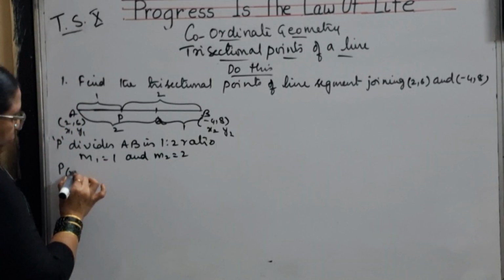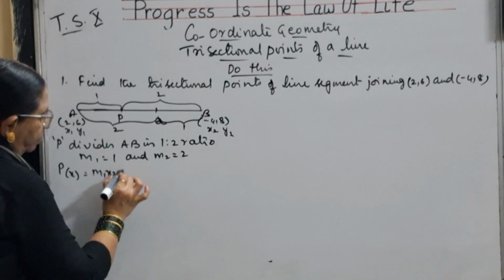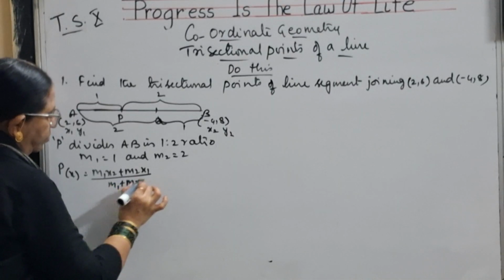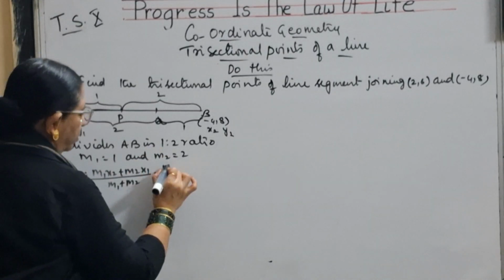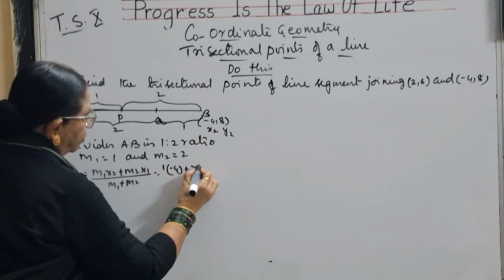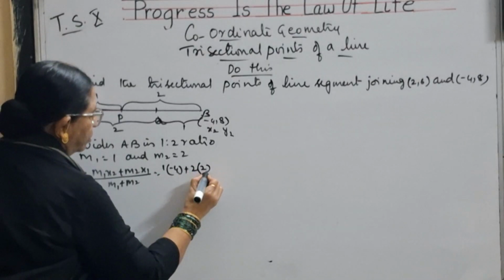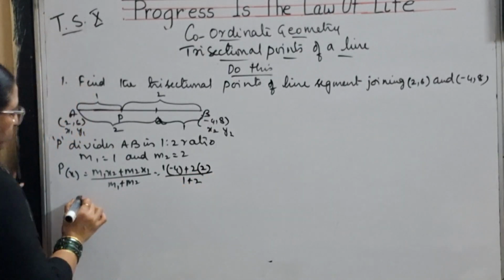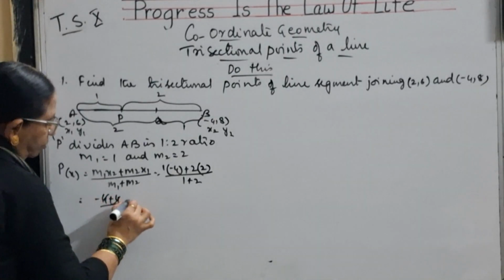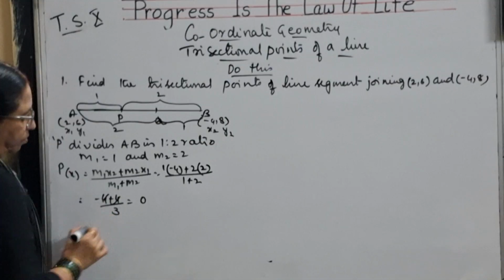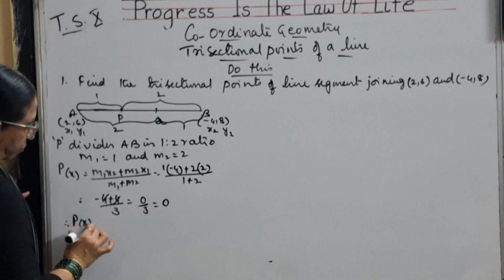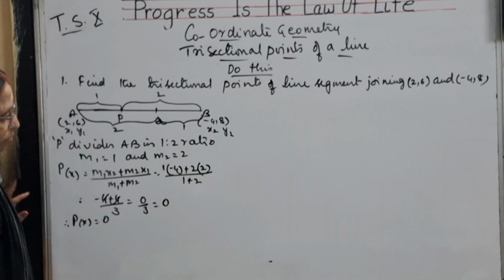So P of x is (M1 x2 plus M2 x1) by (M1 plus M2). That is equal to (1 into minus 4 plus 2 into 2) by (1 plus 2). That means minus 4 plus 4 by 3. These two will get cancelled. 0 by 3, that is equal to 0. Therefore, P of x is equal to 0.